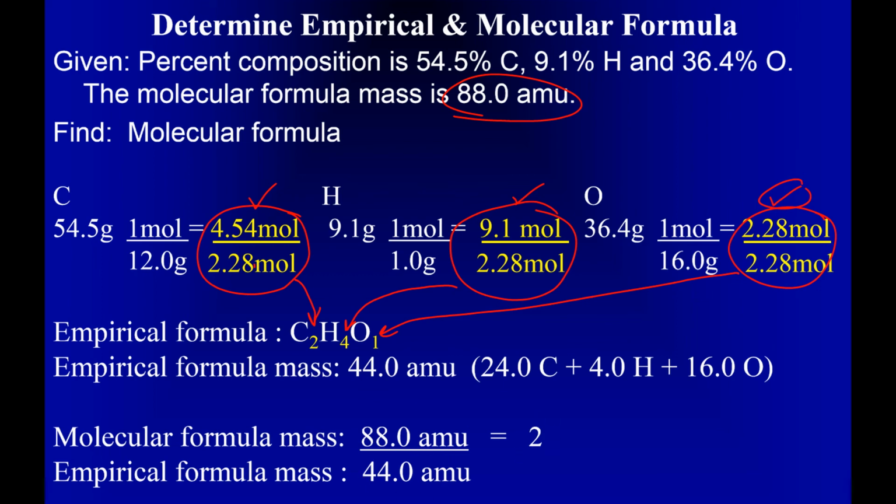So what that means is our molecular formula is twice as big as that. So let's multiply everything by 2. So that's going to give us C4H8O2. Okay, so that right there is our actual formula.